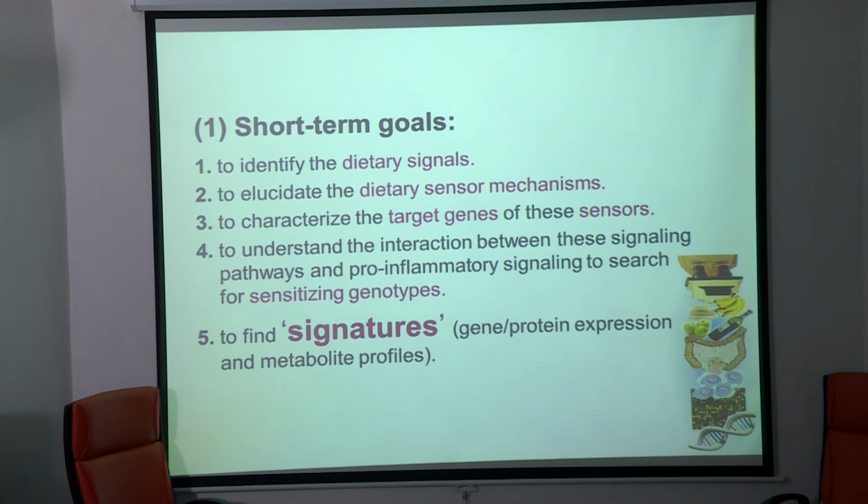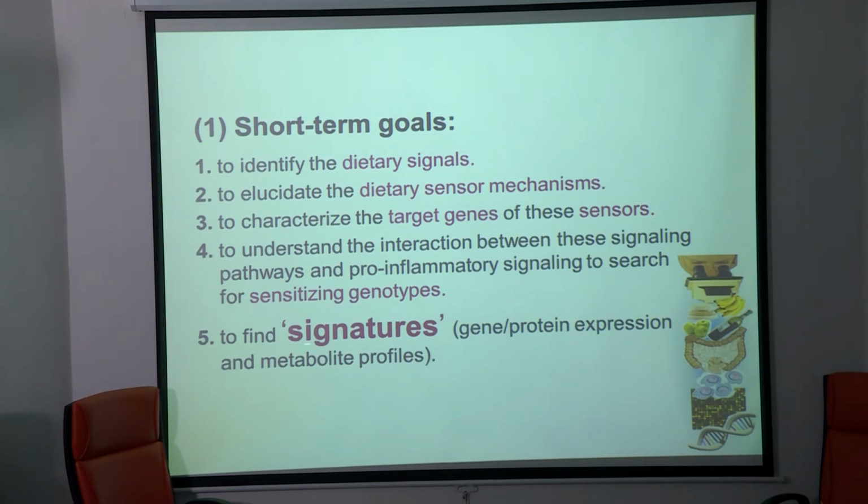So if you see the short-term goals of genomics, it is to identify the dietary signals, meaning the nutrients that you take, elucidate the dietary sensor mechanisms, or the dietary patterns which will be produced, characterize target genes of these sensors, understand the interaction between them, and search for sensitizing genotypes, those who have a predisposition to a particular disease.